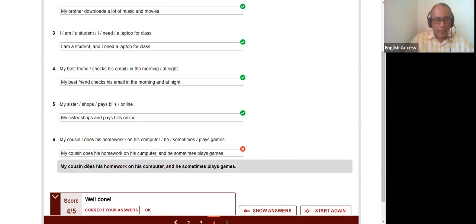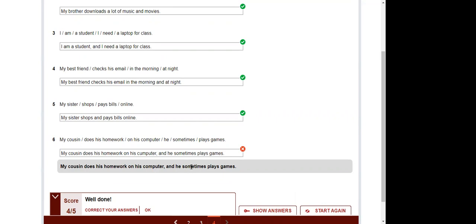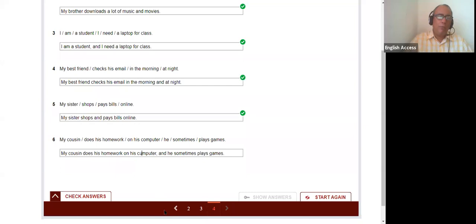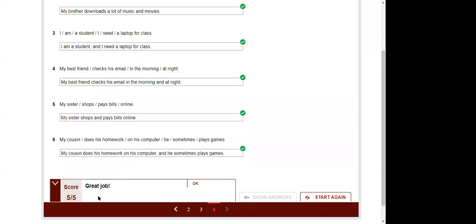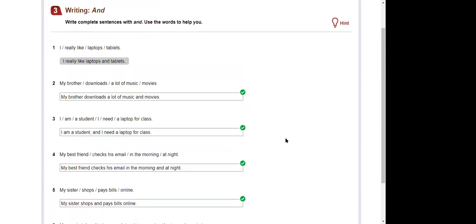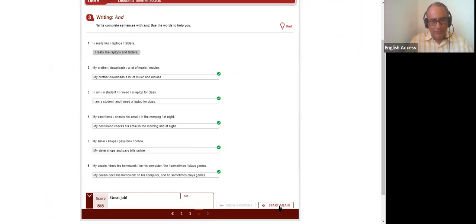My cousin does his homework on his computer, comma, and he sometimes. Where is the mistake? ¿Dónde está el error? Ah, ya vi. Es computer, no computer. Profe, puse una U. Bueno, okay, was my mistake. Era mi error.